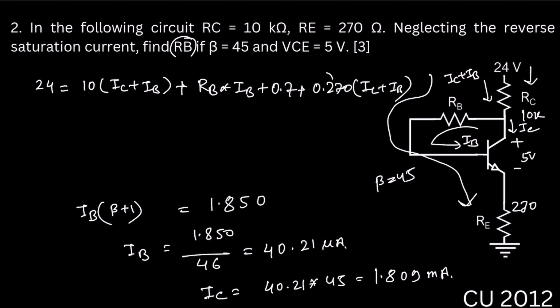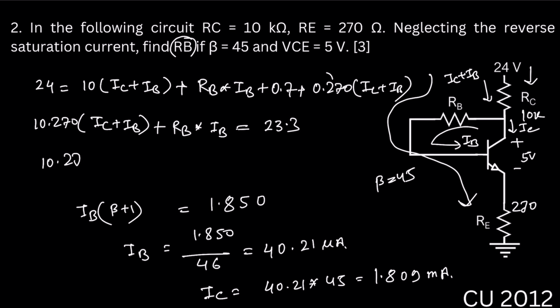Okay, so from here we will get 10.270 (IC plus IB) plus RB into IB equal to 23.3.